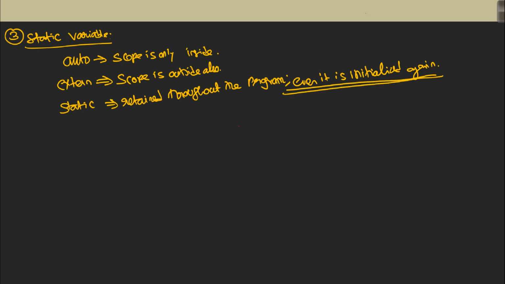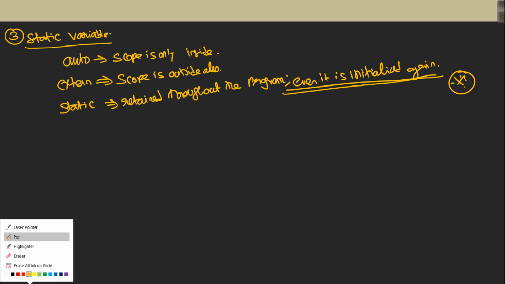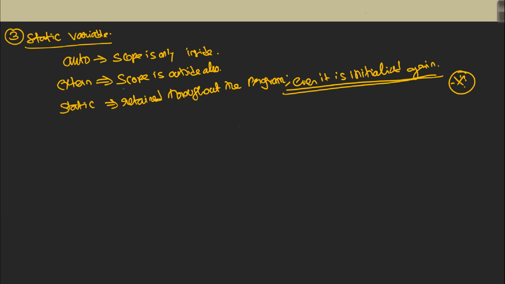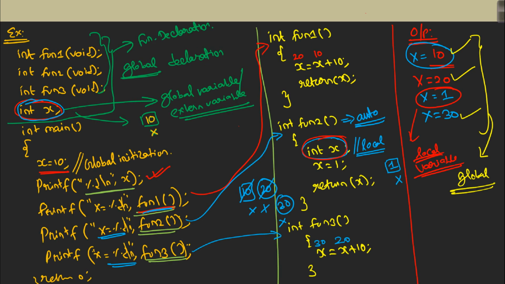That is a very important point, because according to function 2 in the previous program, scope is outside also, but if you reinitialize, it becomes auto, right? See the example here. In function 2 I am giving int x again. I'm just redeclaring it.